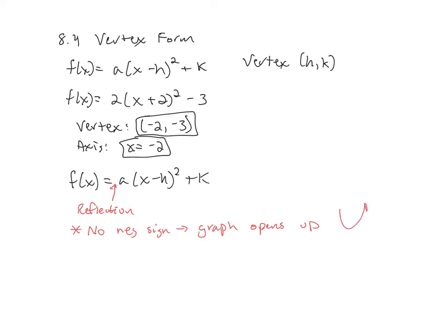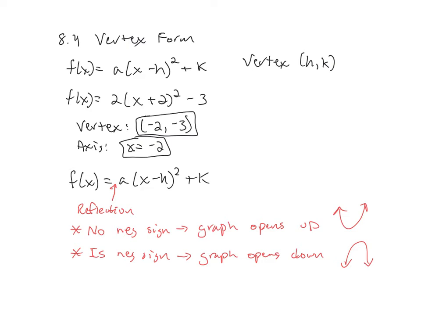So it'll look like this. The opening will be up. If there is a negative sign, then the graph opens down. So it'll look like that.